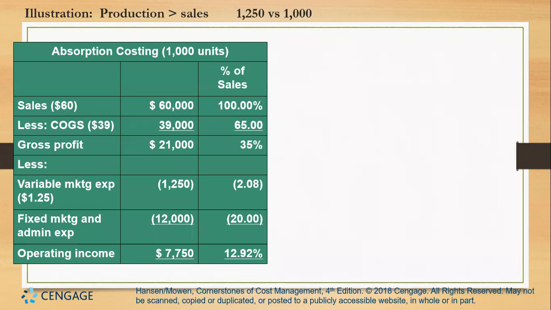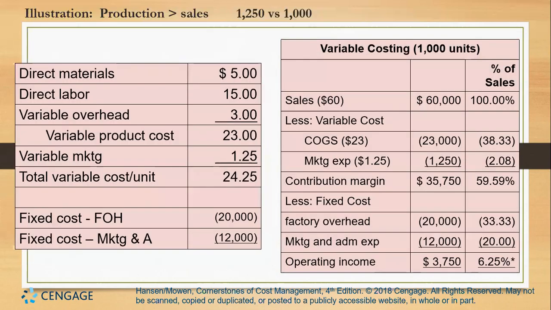So under absorption costing, still production exceeding sales, we have the operating income of 7,750. Since production of 1,250 exceeds sales of 1,000, meaning the net income under absorption costing is higher than that under variable costing.